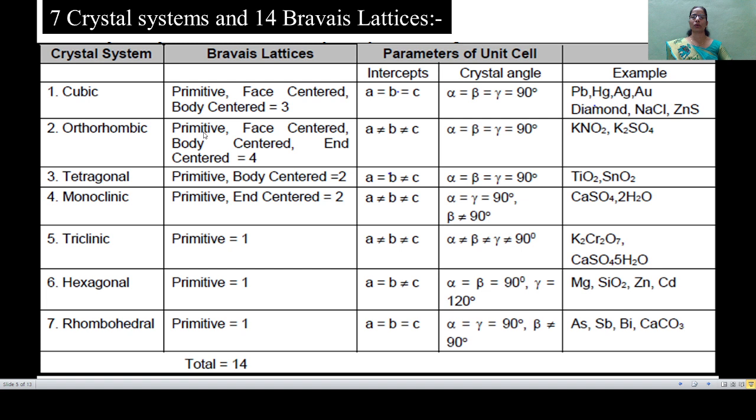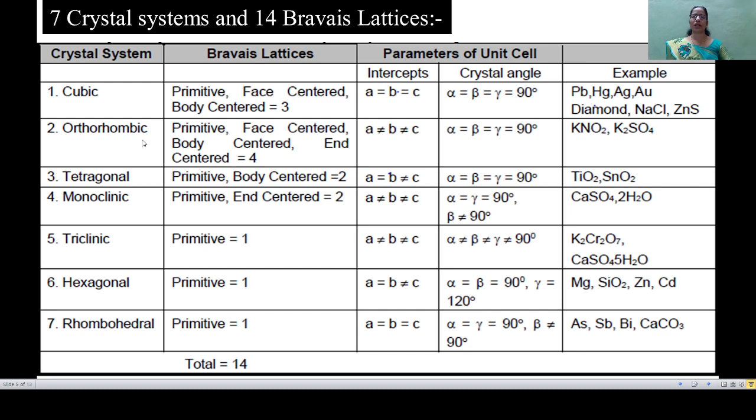in this manner. Okay. Now see the second crystal system, that is orthorhombic. Here there are 4 different ways of arranging the constituent particles in this crystal system, and therefore here we are getting the 4 Bravais lattices named as primitive, face-centered, body-centered, and end-centered.